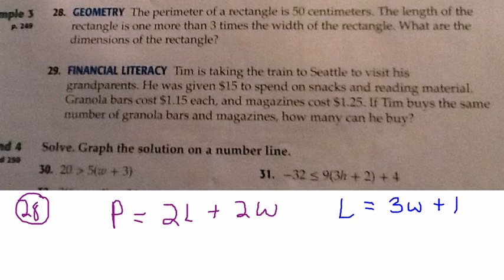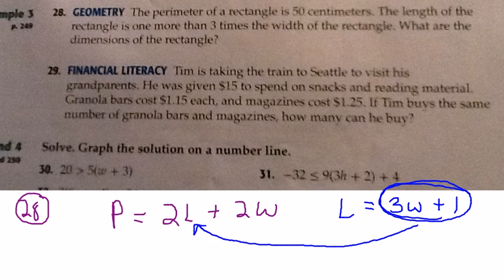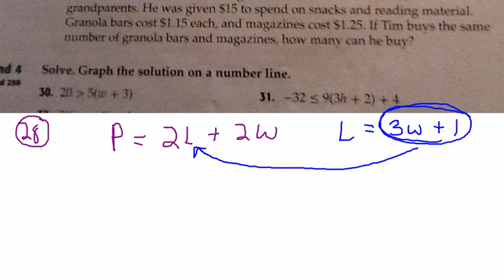Well, if I know that L is equal to 3W plus 1, then in my equation for perimeter, I can replace L with this, right? Because they're the same thing. So I will rewrite my equation, but I will replace L with 3W plus 1, plus 2W.